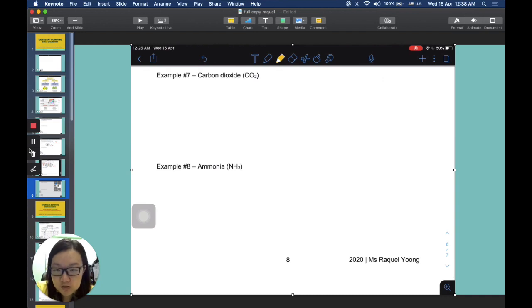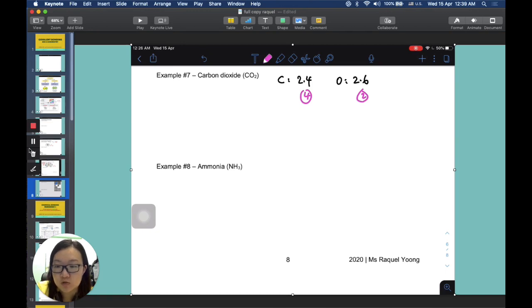Example 7, carbon dioxide. And like I said, with every example that goes, it's a little more tricky. So carbon dioxide is tricky because there are 2 double covalent bonds. Again, we have carbon that needs to share 4 electrons in total.